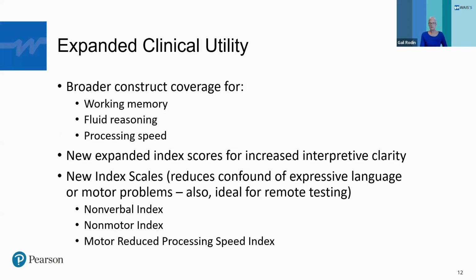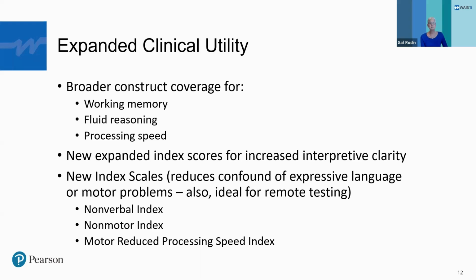I mentioned expanded clinical utility. As you've seen in the slides we've shown so far, we have broader construct coverage for working memory, for fluid reasoning, and for processing speed. We have new expanded index scores that help you increase the interpretive clarity of the results you're getting.